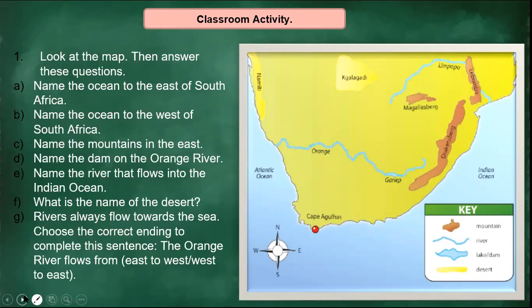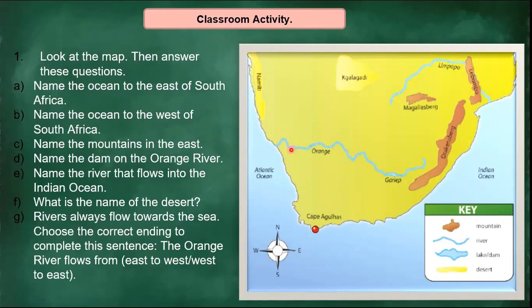On the group chat, Unati says west to east. Hako Mpani says west to east. And Noganda says east to west. Noganda, look here. Look at the compass direction. We have west on the left-hand side, and east on the right-hand side. Then we come to the Orange River.